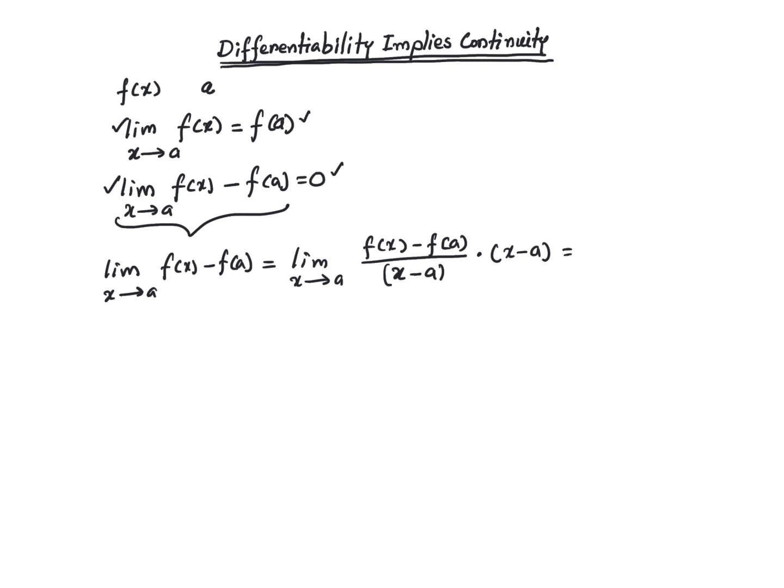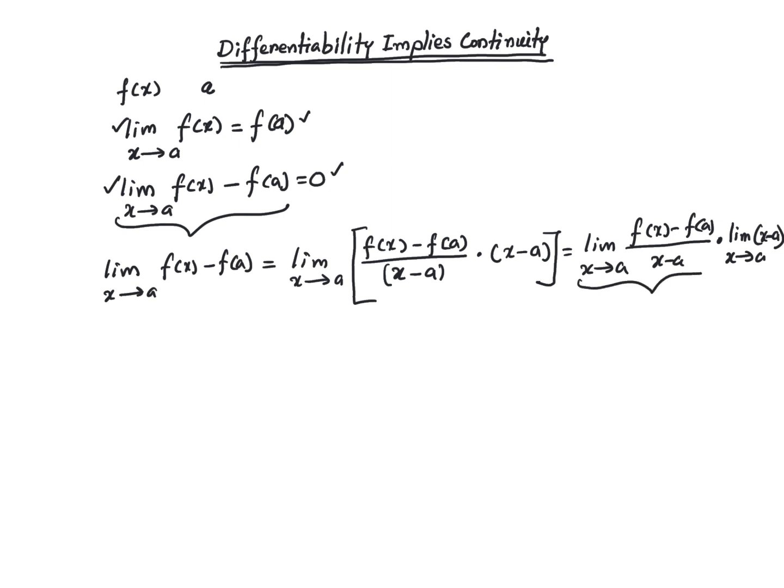This is the same as the limit as x approaches a of f of x minus f of a divided by x minus a, times the limit as x approaches a of x minus a. Because remember, the limit of the product is the product of the limits.